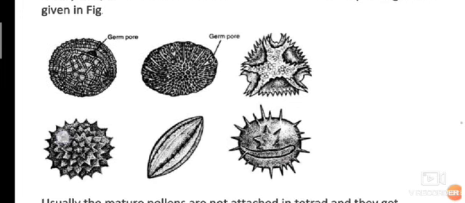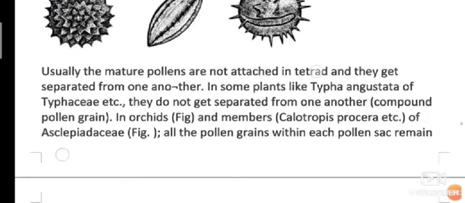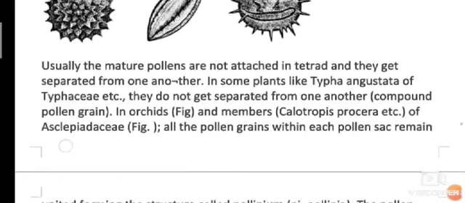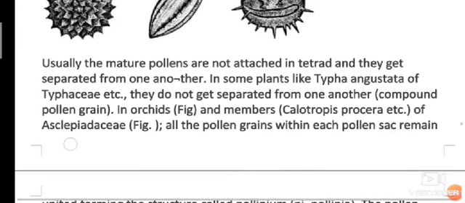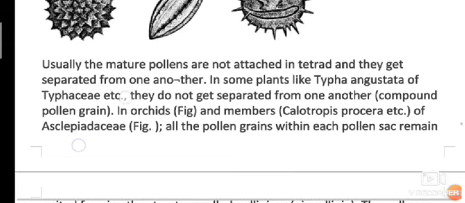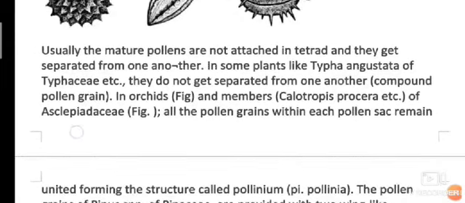Usually, the mature pollens are not attached in tetrads and they get separated from one another. In some plants, like Typha angustata of Typhaceae, they do not get separated from one another.